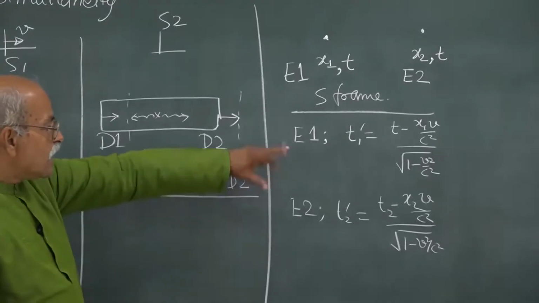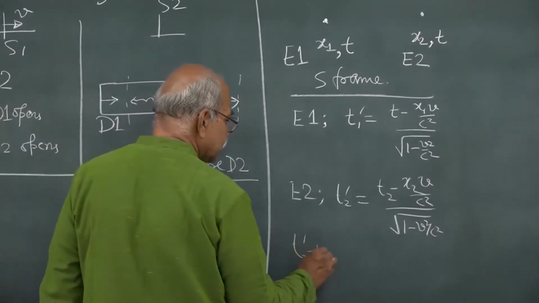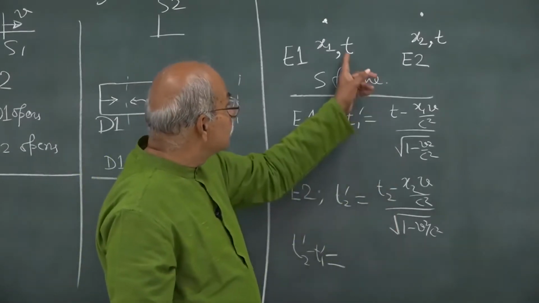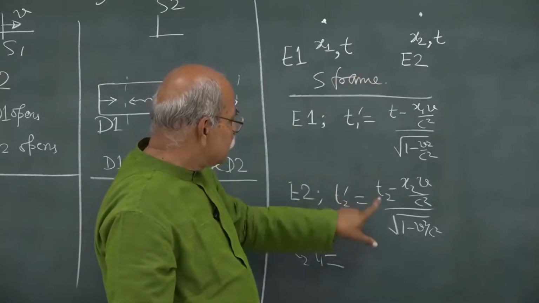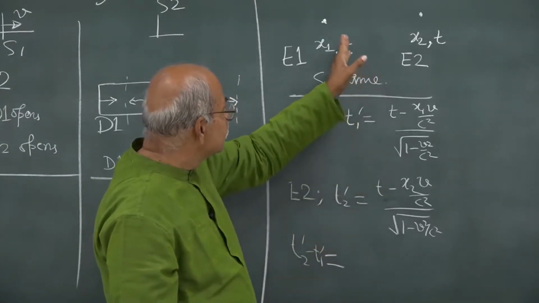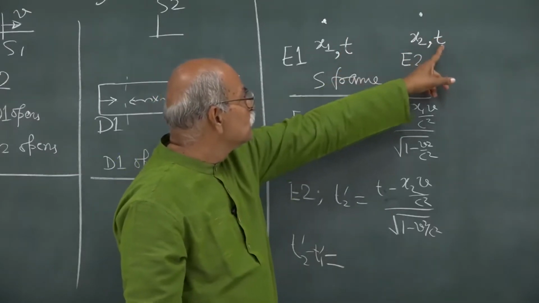And if you subtract t2 prime minus t1 prime, this is at same t. So, here it is t, this t2 and this t1 are same as t here and t here.